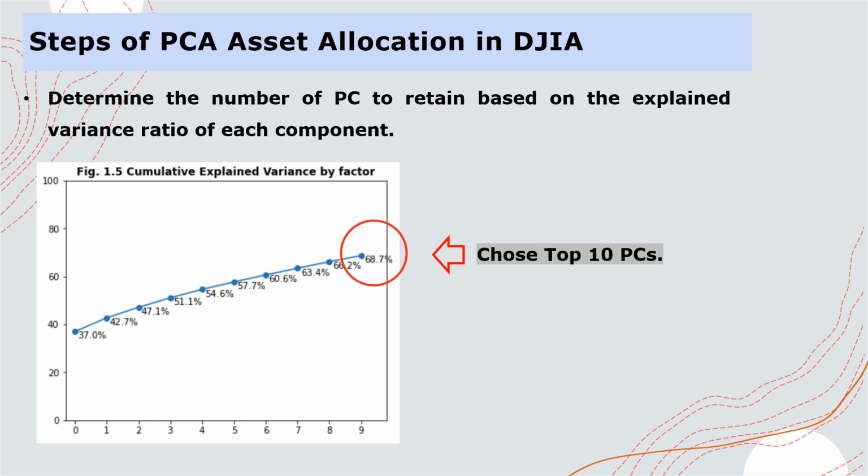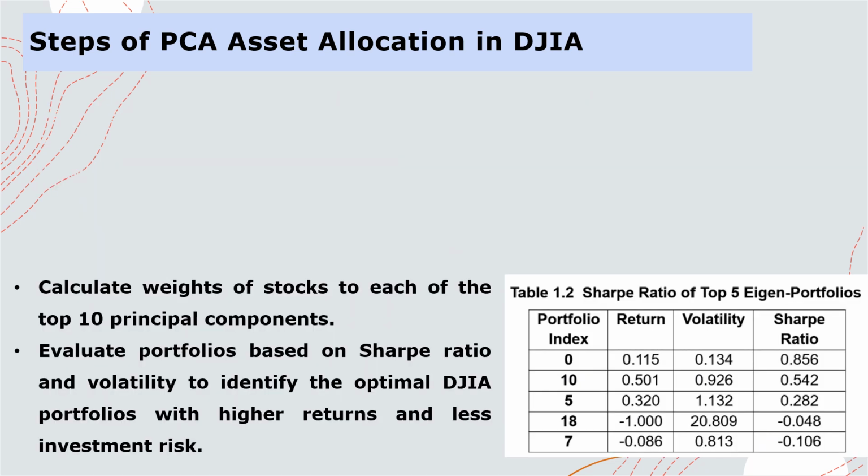Based on that, I selected these top 10 principal components for the following weight allocation process. Then I computed the annual return, volatility, and Sharpe ratio for each portfolio. Based on this performance matrix, I ranked the portfolios and selected the top 3 portfolios with the highest Sharpe ratio.